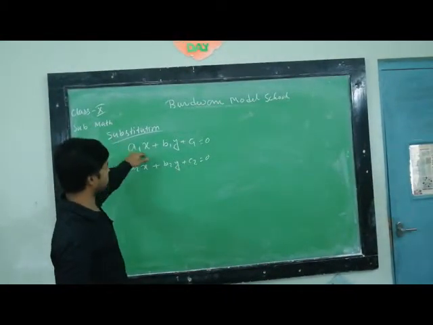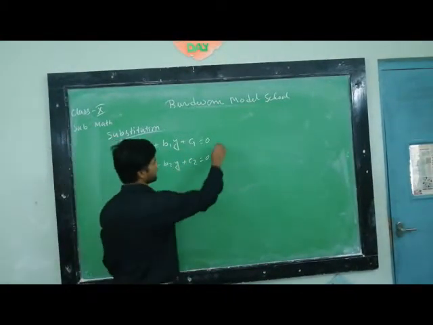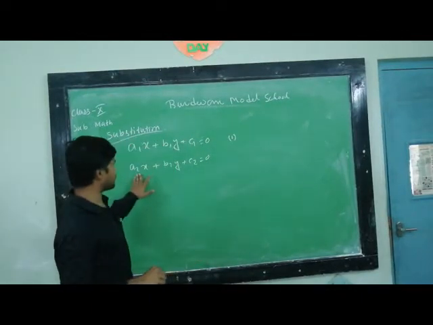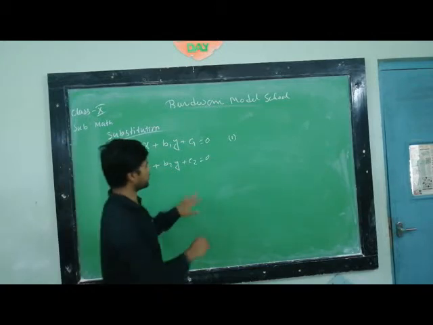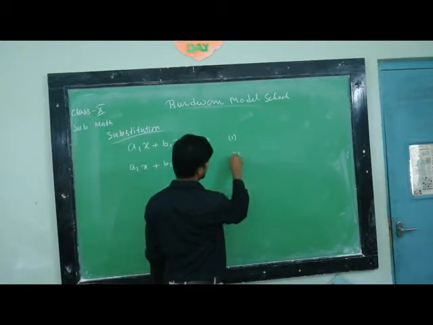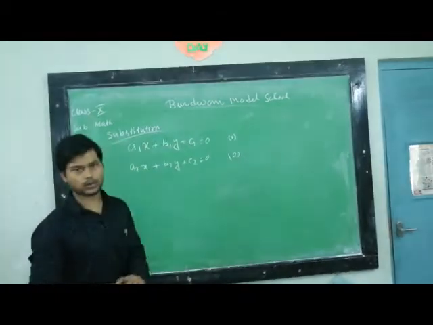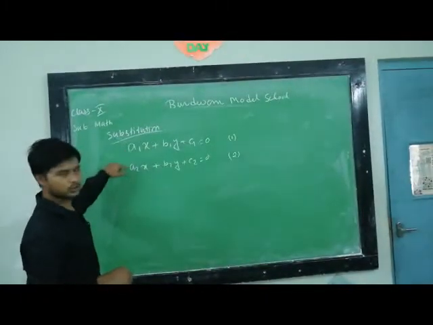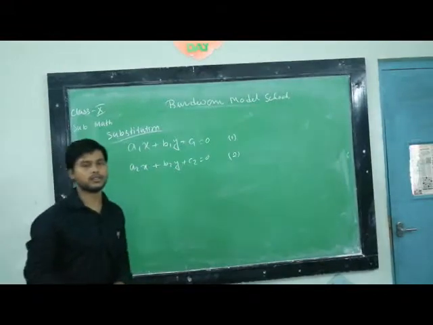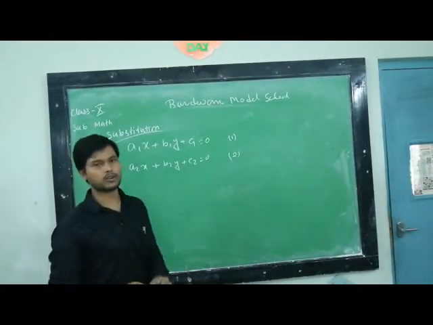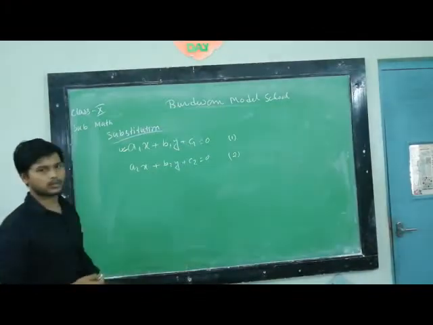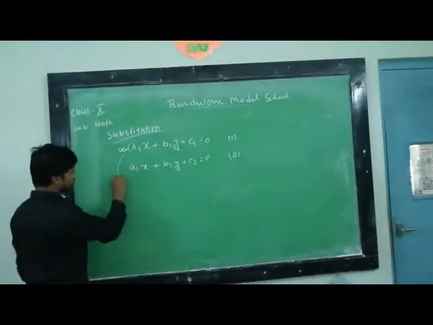Suppose a1x plus b1y plus c1 is our equation number 1, and a2x plus b2y plus c2 is our equation number 2. First we have to choose any one of these two equations and calculate the value of one variable. Suppose we choose equation number 1.